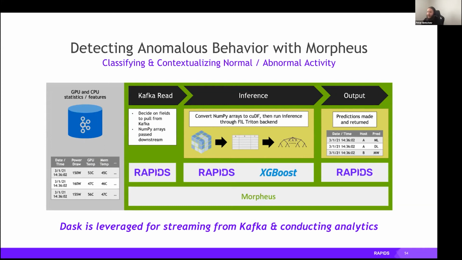In the inference step, we convert the NumPy arrays to cuDF and do any necessary ETL on that data, followed by running the inference on the Triton server that will apply your model, basically. The predictions made during inference are then directed to the application in the output phase.